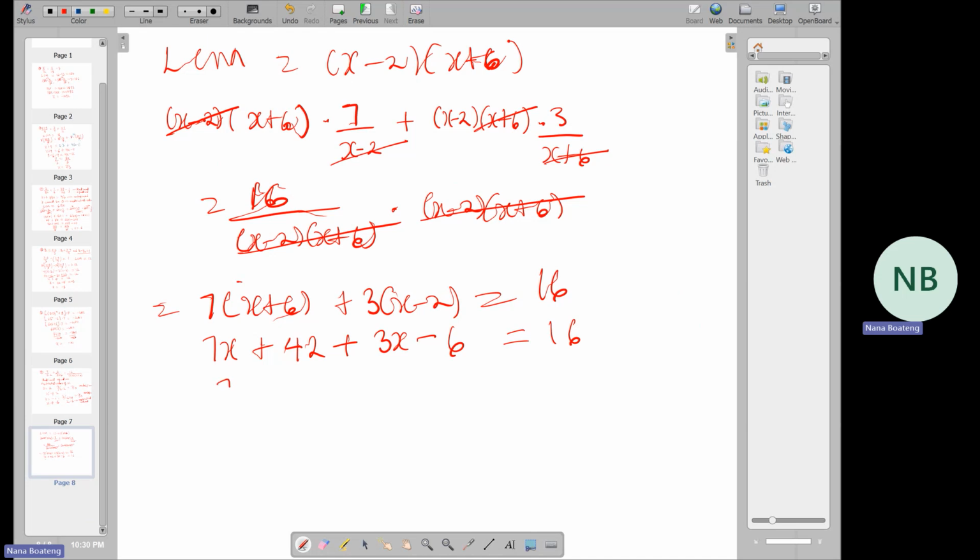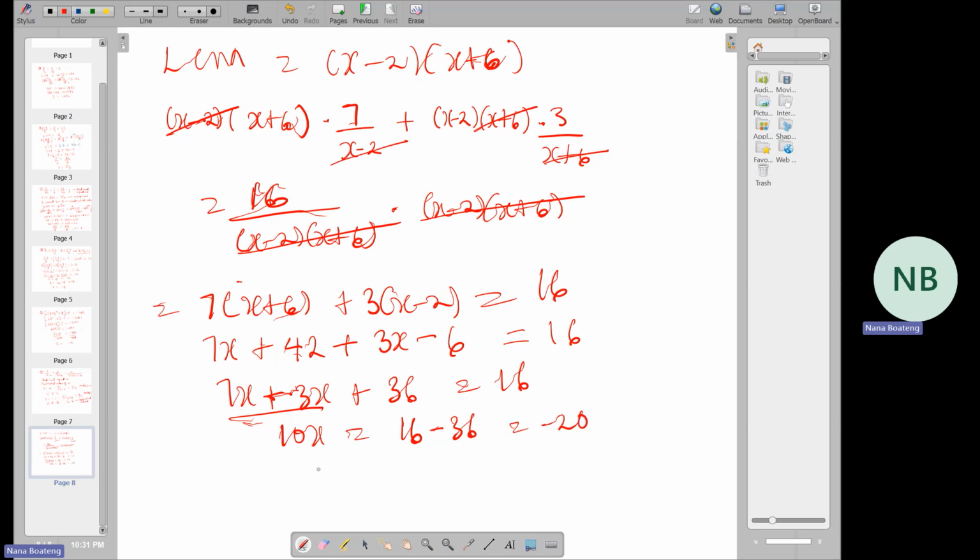So we have 7x plus 3x plus 42 minus 6, which is 36, equals 16. So 7x plus 3x is 10x, and this equals 16 minus 36, which is negative 20.